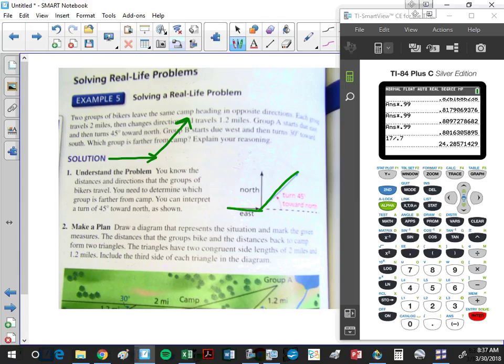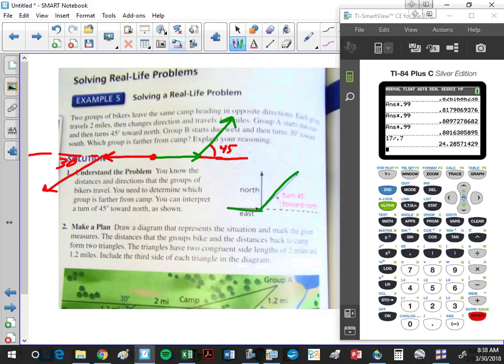So the other guy, oh, I can only see half of it, huh? So the other guy is traveling this direction, and then he makes a 30-degree turn. So he makes a turn, let me move these over a bit. That looks like this. And then this angle is 45, and this angle is 30.